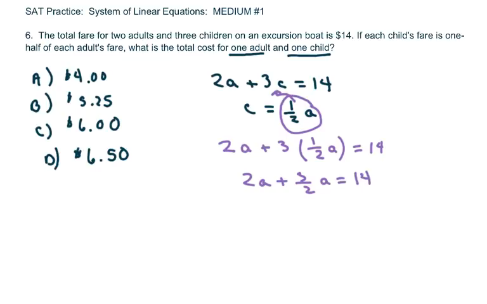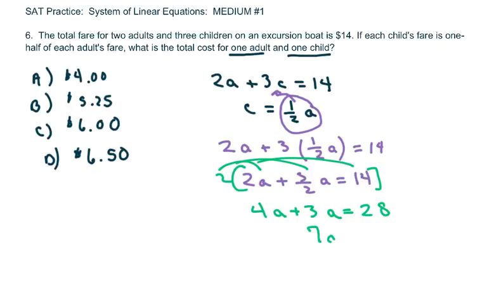I don't like dealing with these fractions, so I'm just going to multiply everything through by 2, and you get 4A plus 3A, because the 2's will cancel here, equals 28. All I did is distribute the 2 here. So you get 7A equals 28.